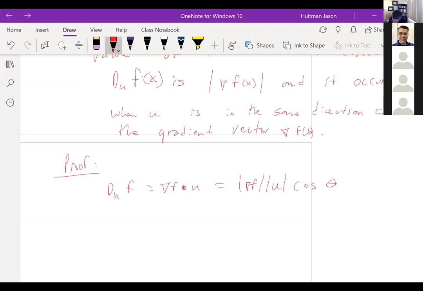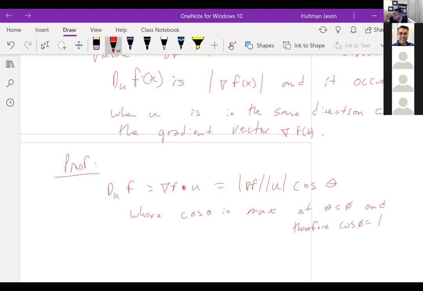Okay, and cosine of theta is maximum when theta equals 0, and therefore cosine of 0 is equal to 1.